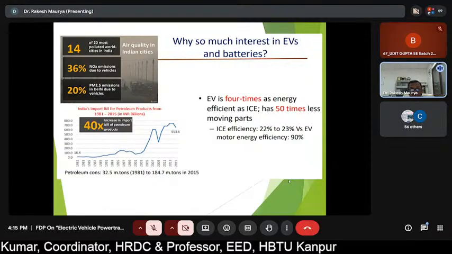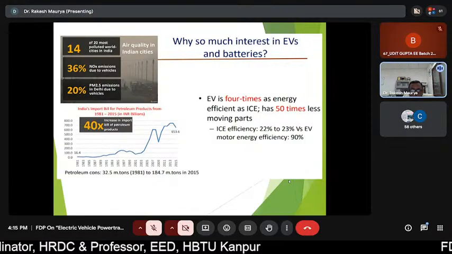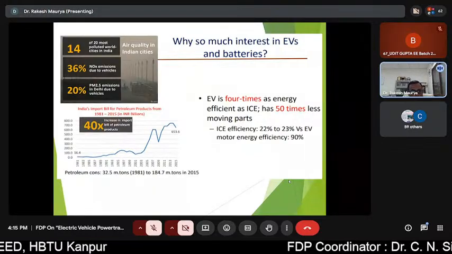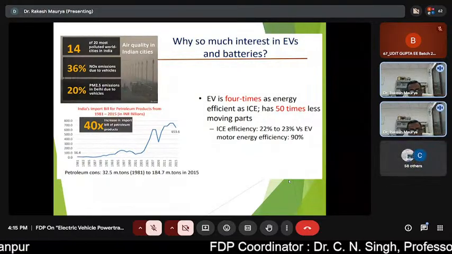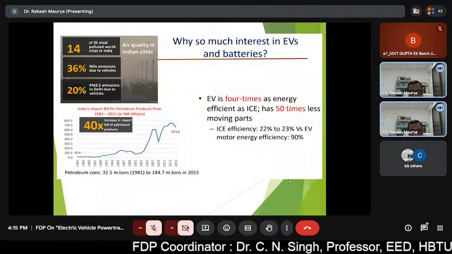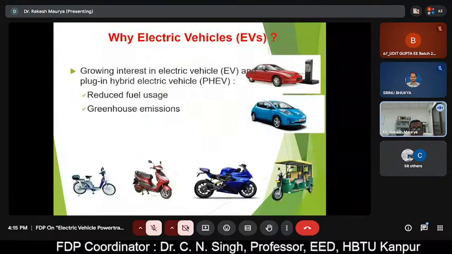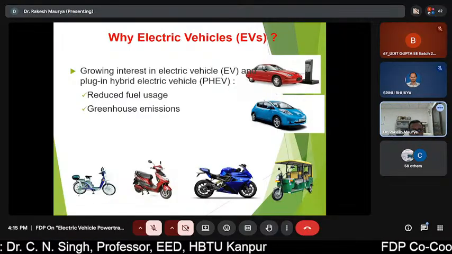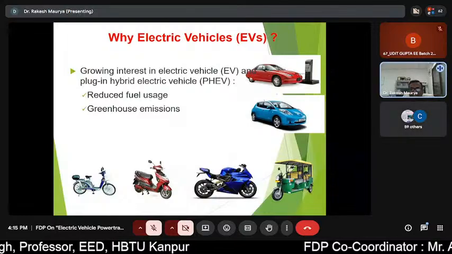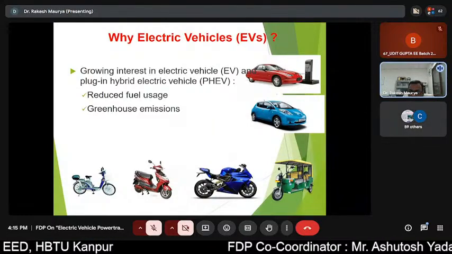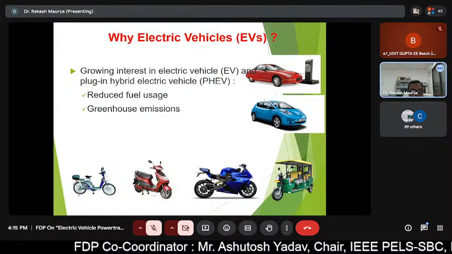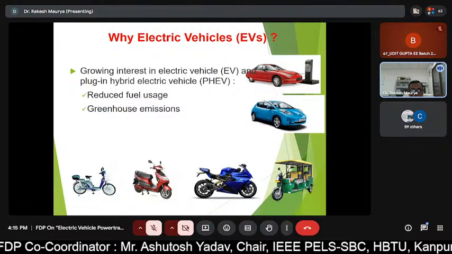So you need to develop a sustainable or green source where you can derive energy from solar or hydro, and that is used to charge your electric vehicle battery. Now we have a variety of options, from two-wheelers to four-wheelers, and even buses. We have a variety of segments of electric vehicles available.